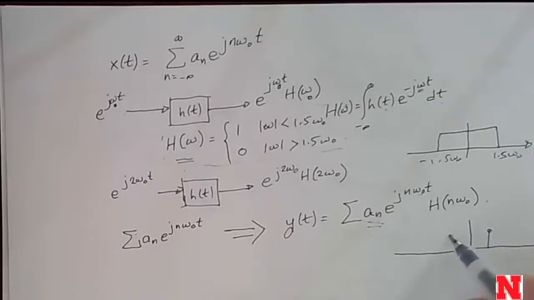I'm just making it up here. So this is omega naught, and this is minus omega naught, so this is minus a1. A2 is associated with the complex exponential e to the j 2 omega naught, so a2 will be somewhere over here.